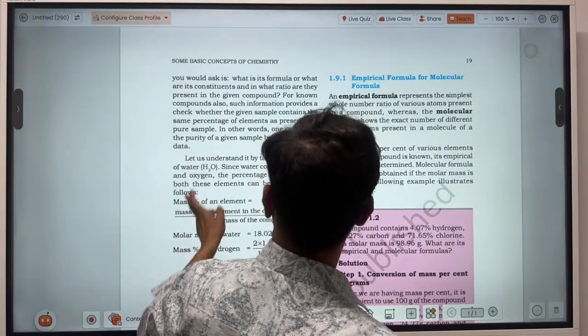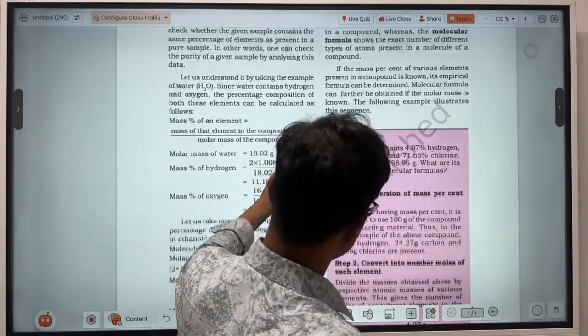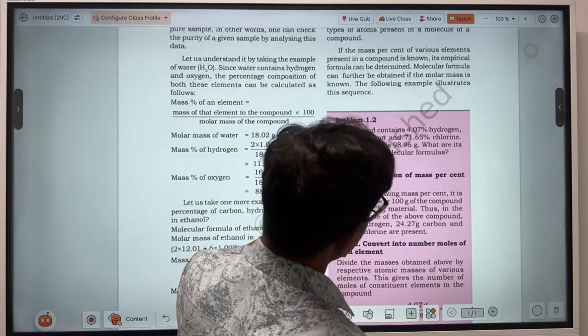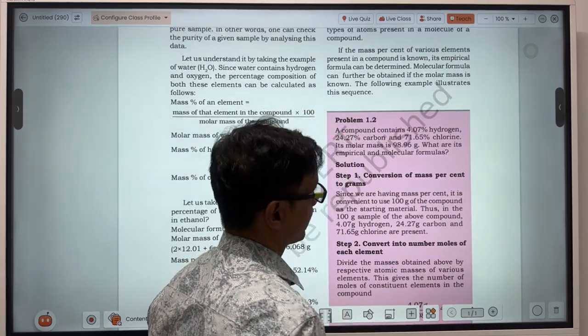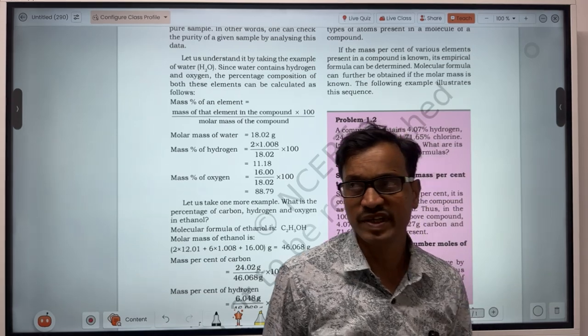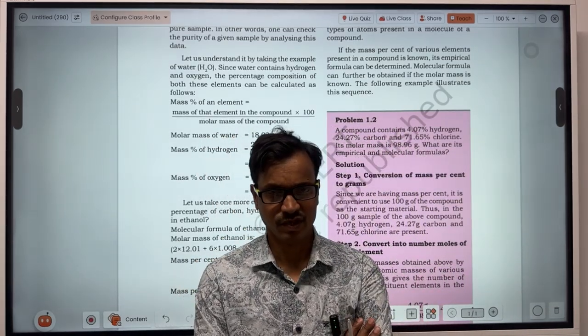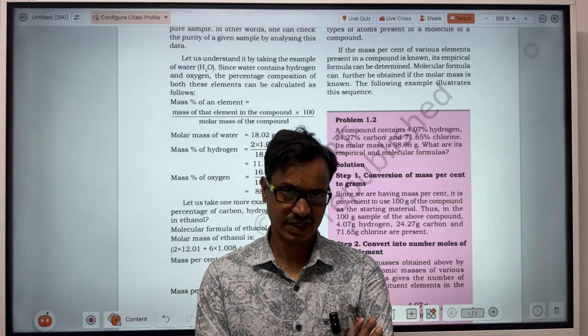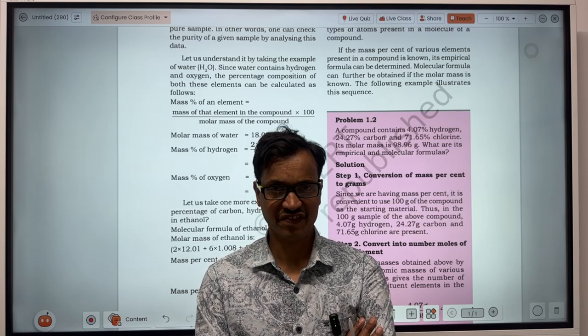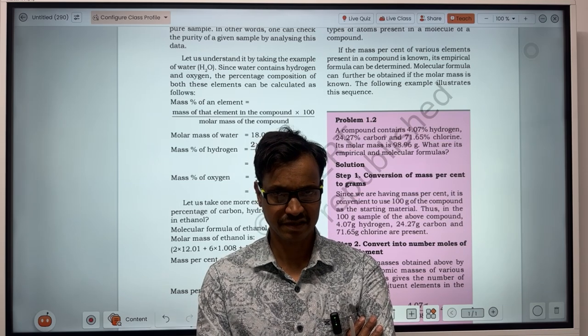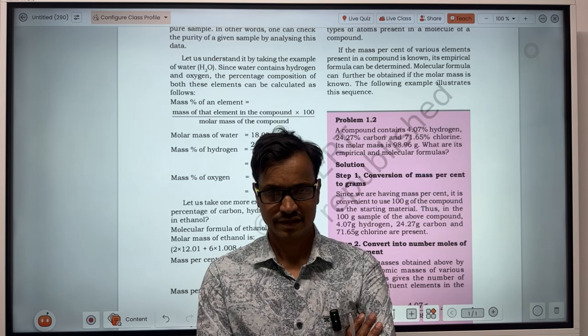That was how we calculated it. Now we will discuss the empirical formula and molecular formula. Firstly, what is the meaning of empirical formula? Empirical formula is the formula which represents the ratio of various elements present in a molecule.